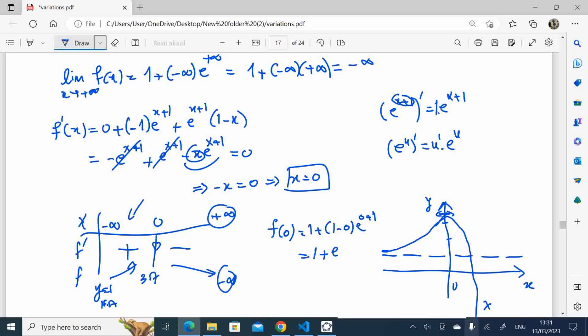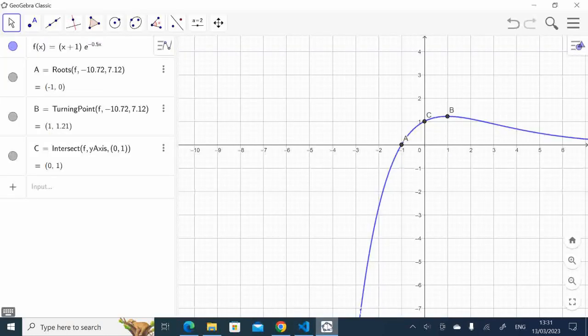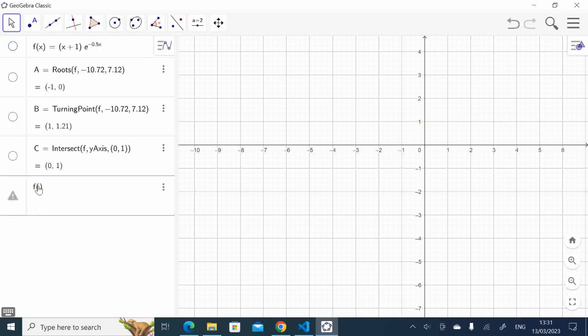Now, in order to check the graph, let's graph f(x) using GeoGebra. This is f(x), which is equal to 1 plus (1 minus x) multiplied by e^(x+1).